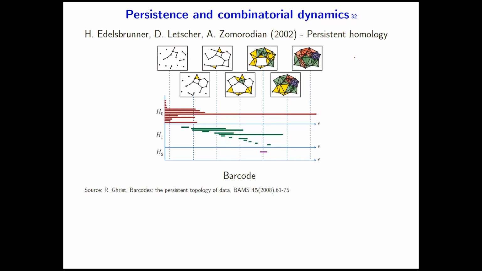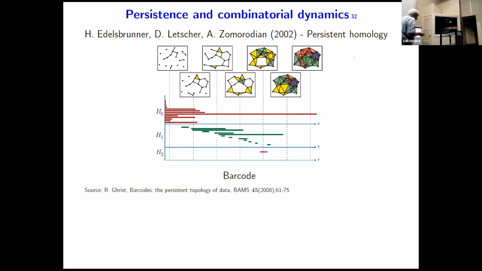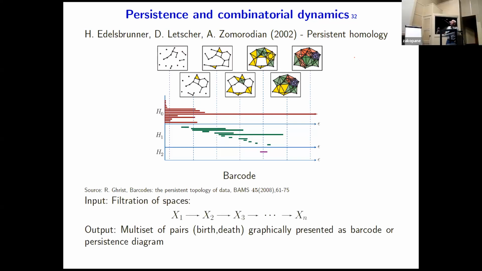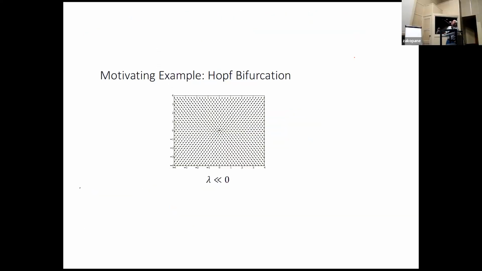And the rough idea is that the short bars in this barcode are most likely related to just inaccuracies in the data or some noise, whereas long bars probably represent the real topological features of what we try to understand.